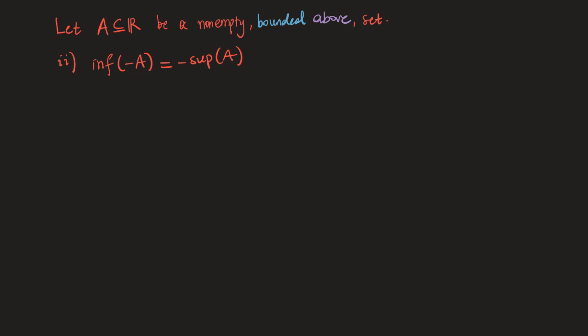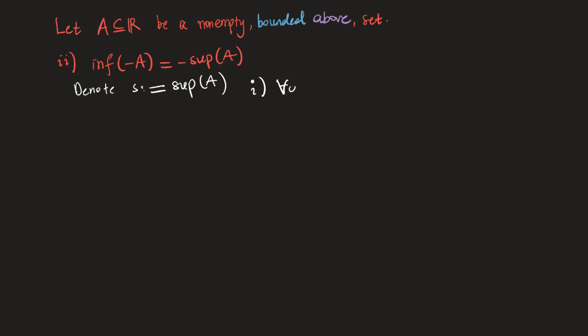Now let's say the supremum of A is S. Let me define it like this. Then what is the definition of supremum? First, it is bigger than every number in the set.